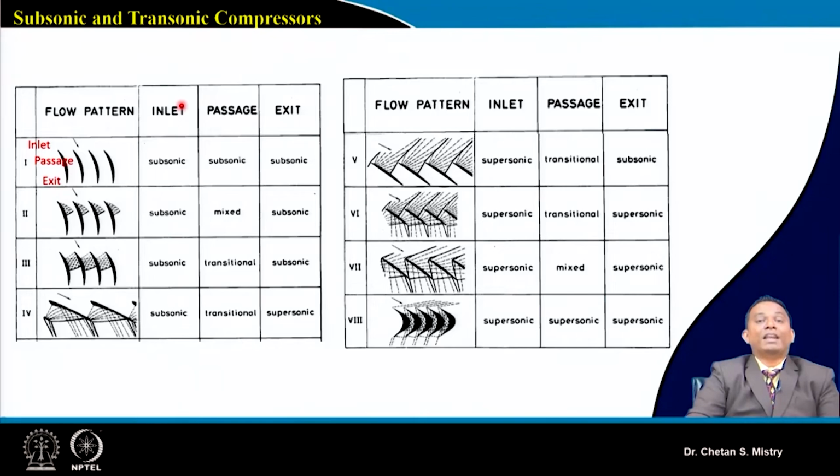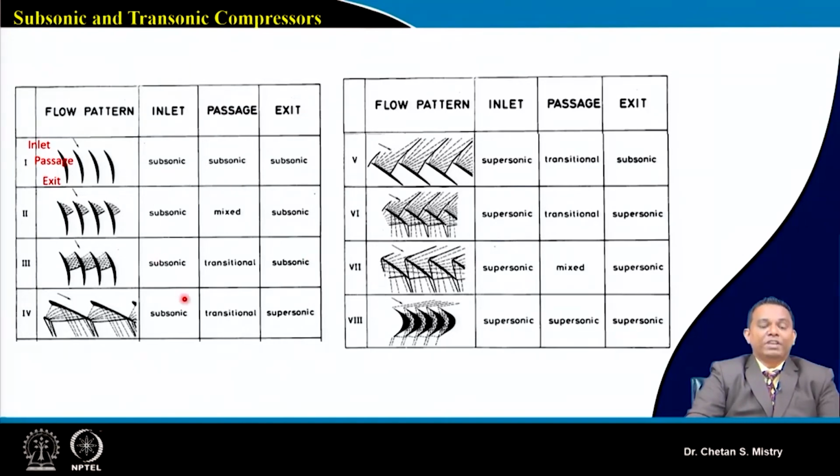We can have the inlet subsonic, the flow in the passage subsonic, and the exit flow also subsonic. This is the low speed compressor or research compressor configuration. Next, the inlet flow is subsonic, the passage flow is mixed, meaning subsonic and supersonic flow within the flow passage, and the exit is subsonic.